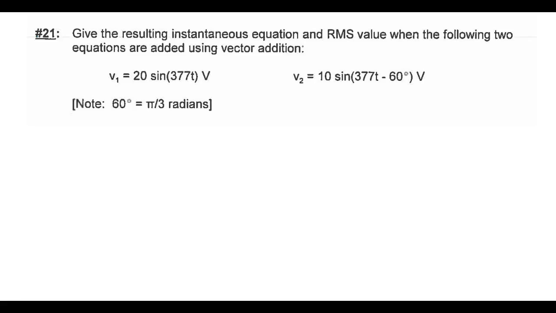And we have V1, which does not have any angle inside the brackets here, which means it goes through the reference. So the phase relation of V2 with respect to V1 is that it leads by 60 degrees.